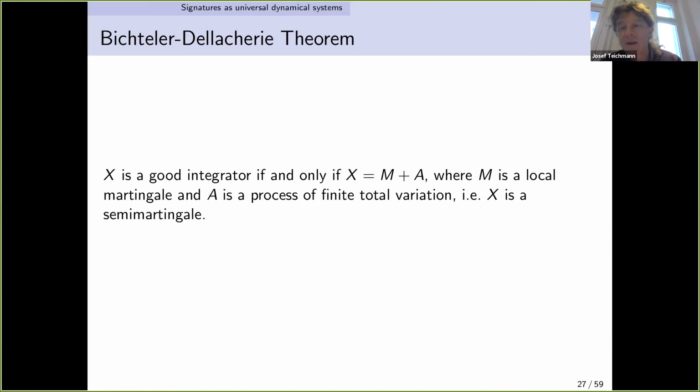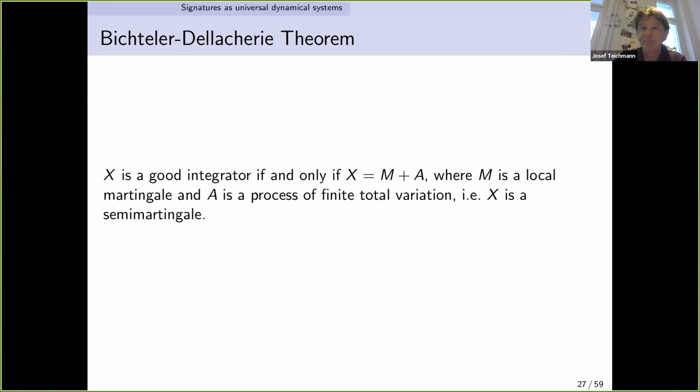And in the reverse direction, if the semi-martingale is a good integrator, the whole Lebesgue-Stieltjes integration theory, the whole Ito stochastic integration theory, and even the H1 stochastic integration theory are included.